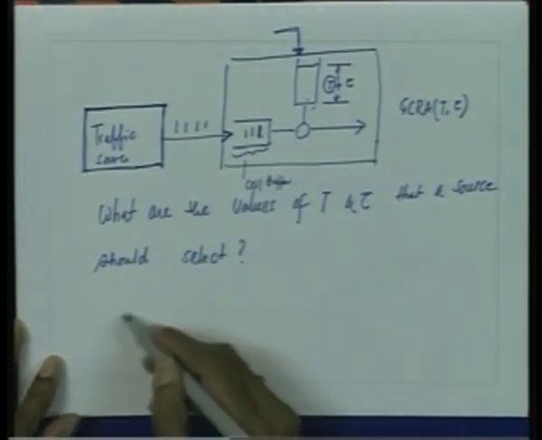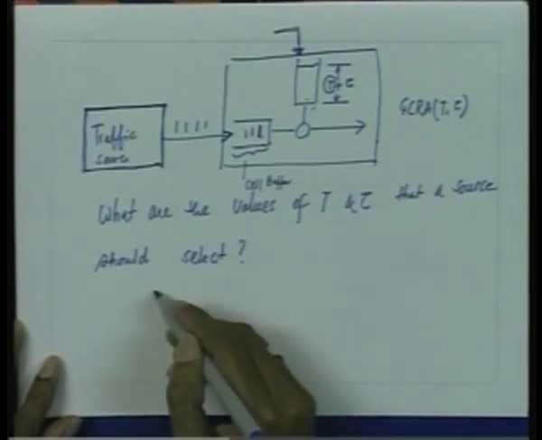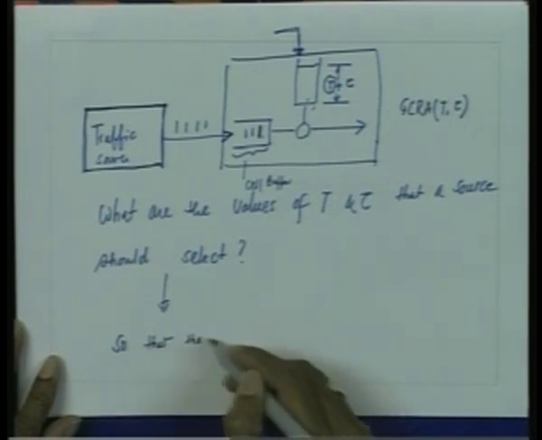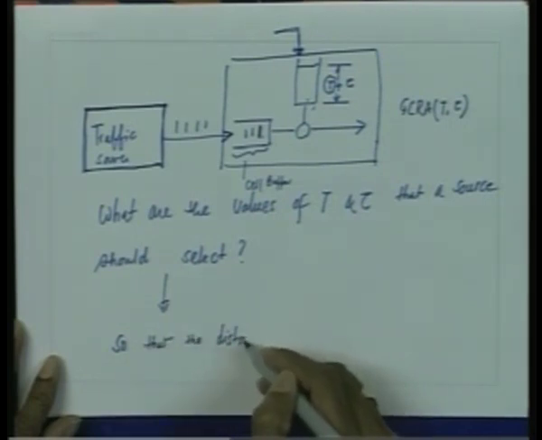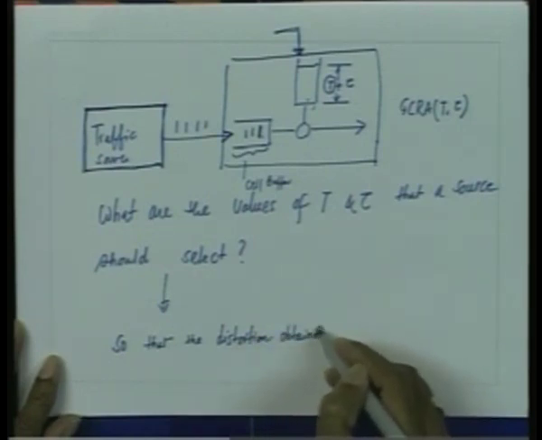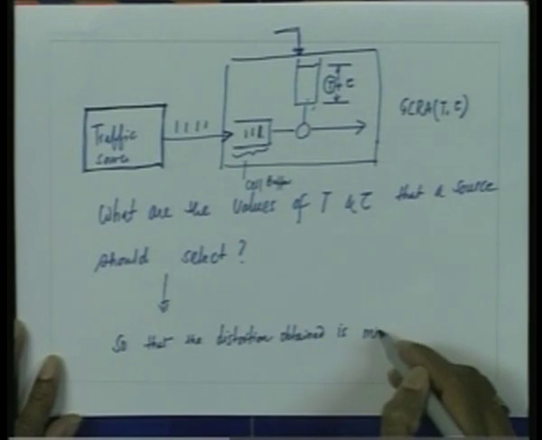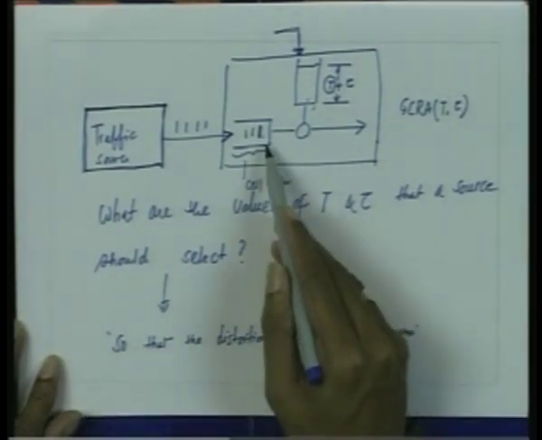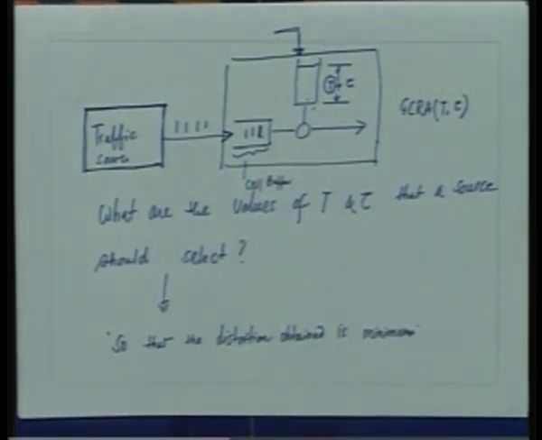So we ask what values of T and tau a source should select so that the distortion is tolerable. This distortion could be in terms of acceptable delay or an acceptable loss at the cell buffer, the cell buffer which is present at the traffic source itself.